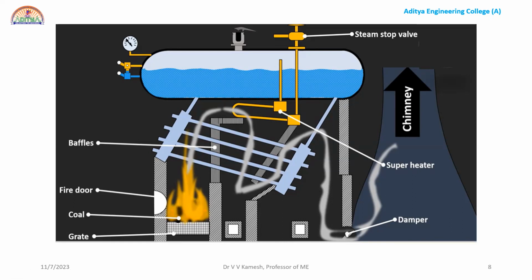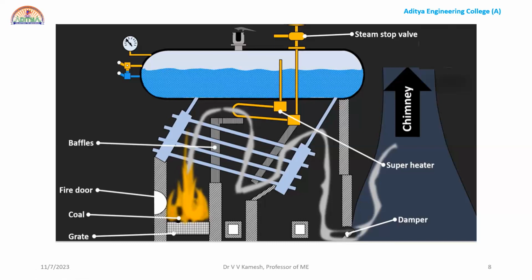If the baffle plates are not arranged, what will happen? The hot gases produced in the fire area will heat only some portion of the water tubes. But to get higher thermal efficiency, the entire volume of the water tubes has to be heated. So we need the hot gases to pass through all the surrounding surface of the water tubes.